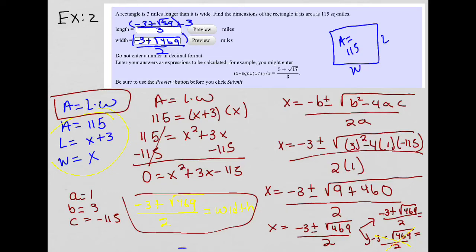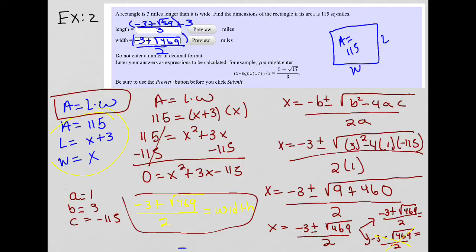And the way, again, for you to determine which one of the two is going to be negative, you can always type it in your calculator.